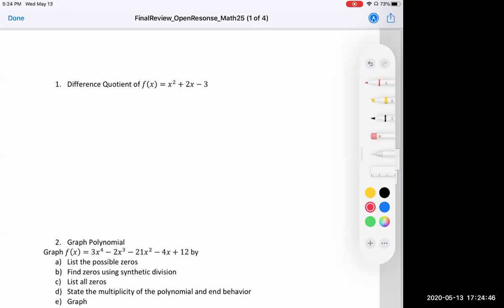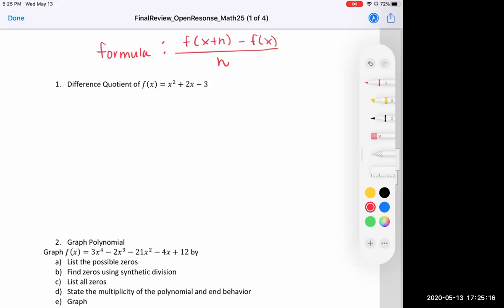So I'll give you the formula. Your difference quotient comes from the formula of f of x plus h minus f of x, over h. That's your formula, and I'll give you that. Now, our goal is to find what is the value of it, once we're essentially working with the slope of a function that doesn't have a slope.